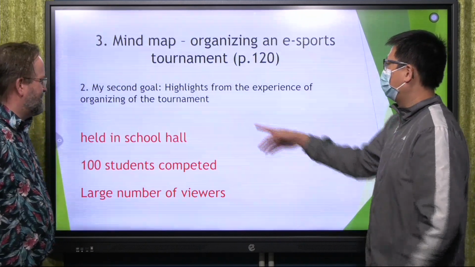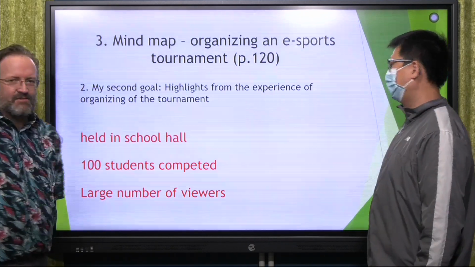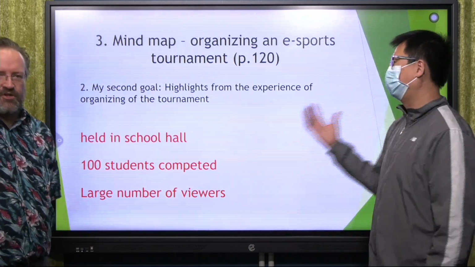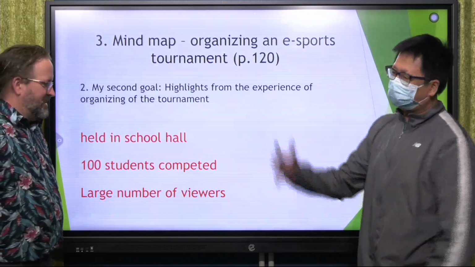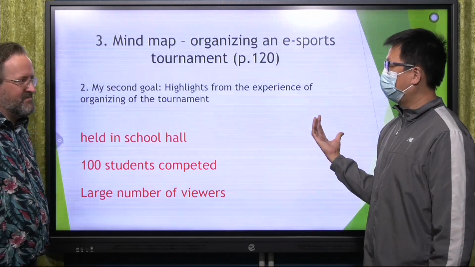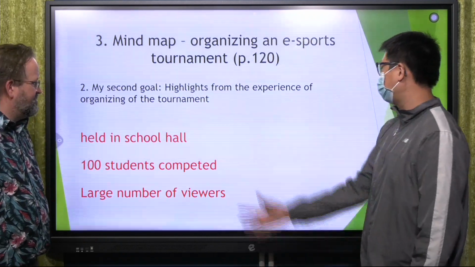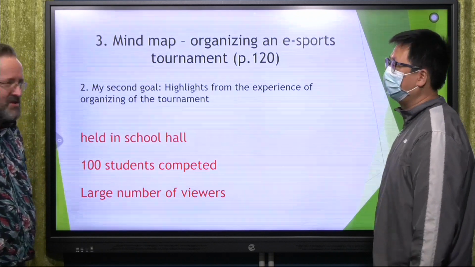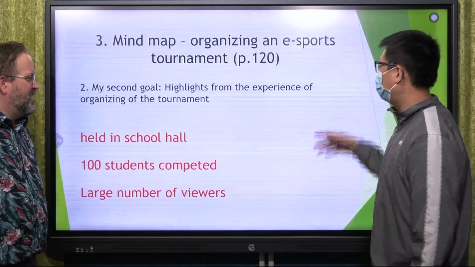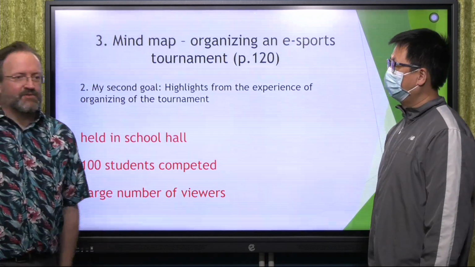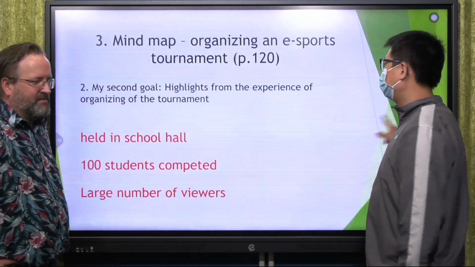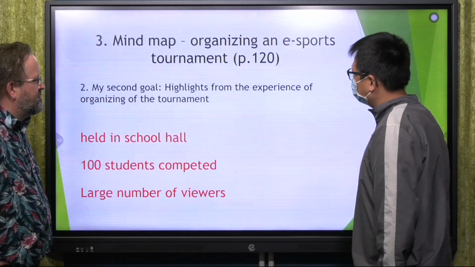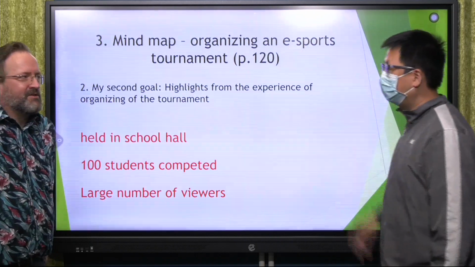So for where, it was in the school at lunchtime for 2 hours, and the day after the school examination. And you talk about the people, like 100 people showed up. A lot of viewers showed up. And why. And then one highlight, something that was really good that happened. Maybe all the girls won.